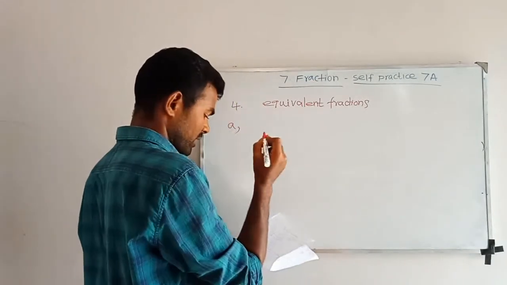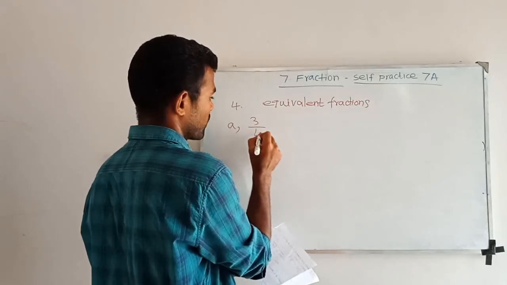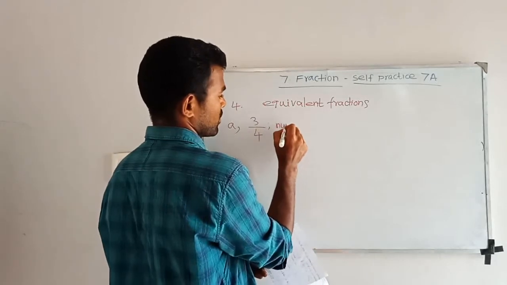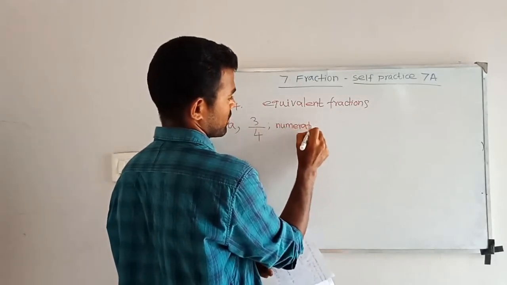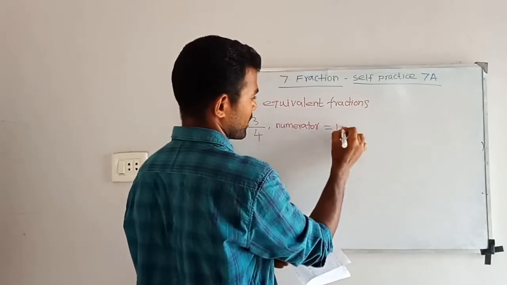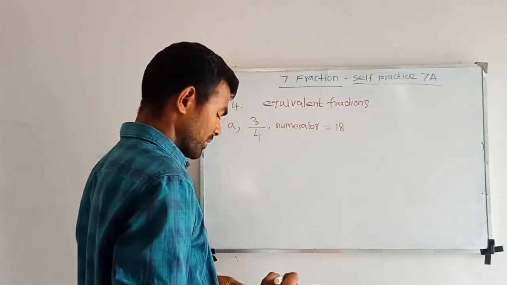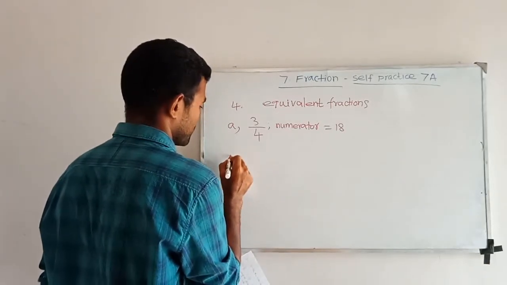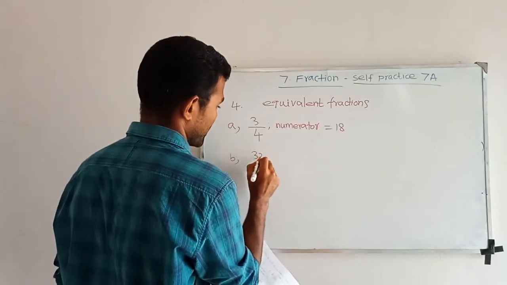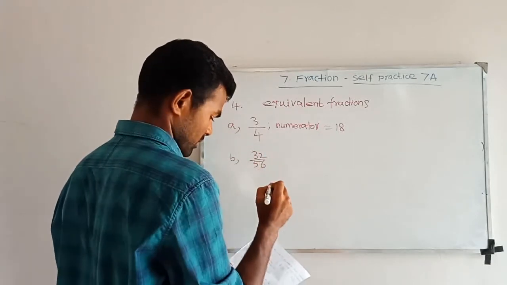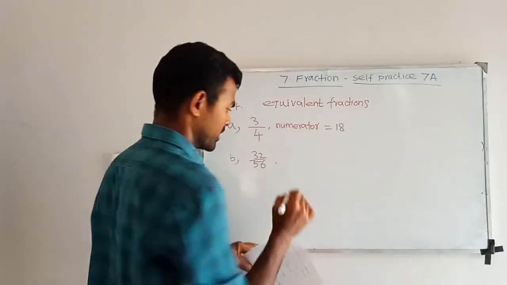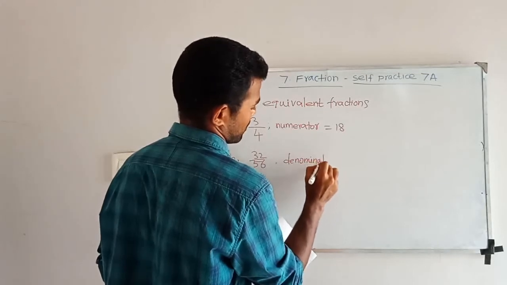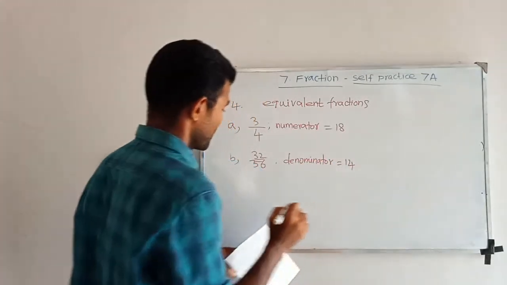First A, it is given 3 by 4 and numerator how much? Numerator is 18. Yes. And for B, 32 by 56 and the denominator is 14.